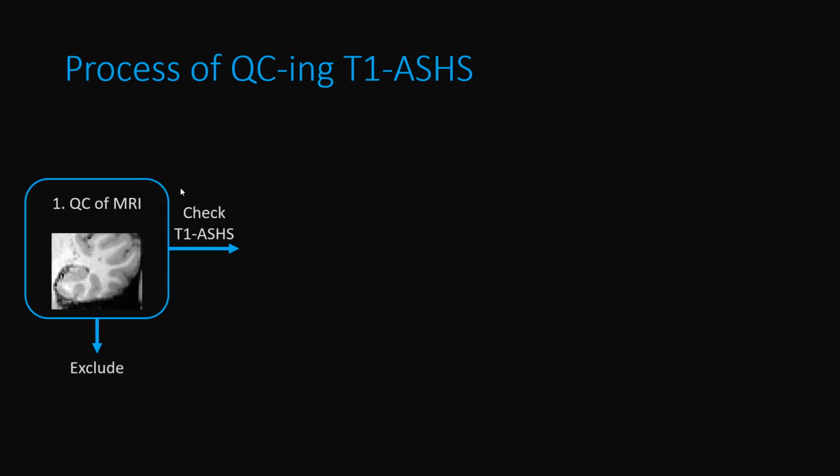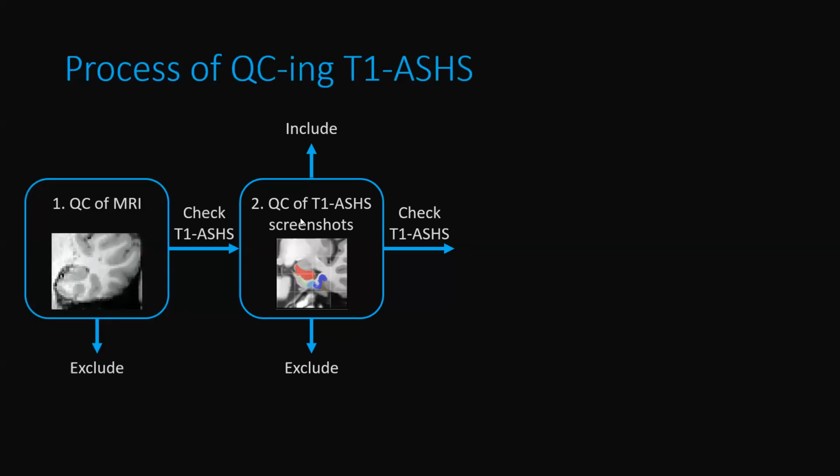Once you establish that the MRI scan is good enough, I would recommend checking the screenshots that are automatically produced by ASHS. I'll show some examples of those later on. That's a very easy way to quickly assess whether the segmentation is good enough or really bad, so then you can include or exclude.